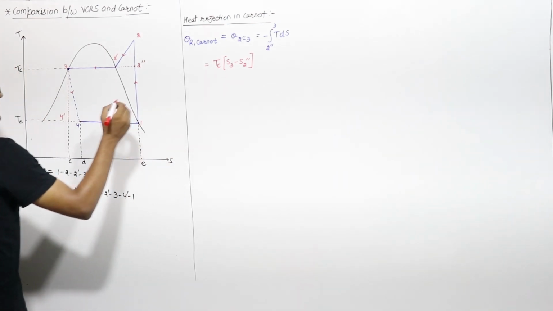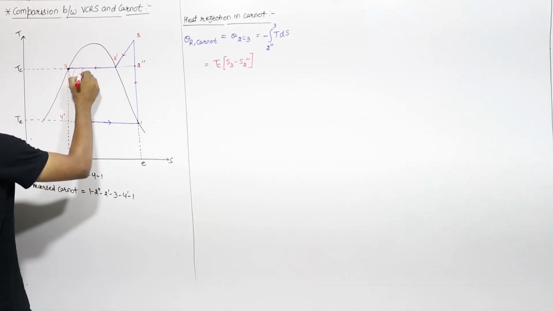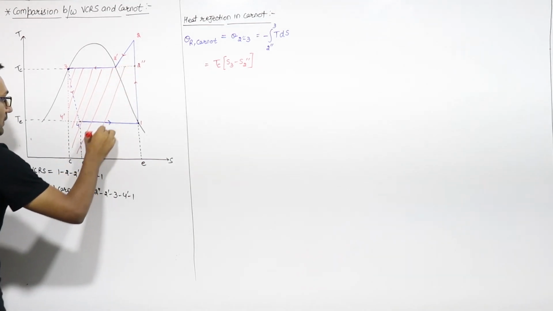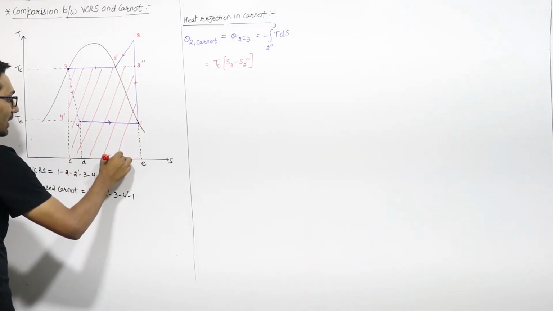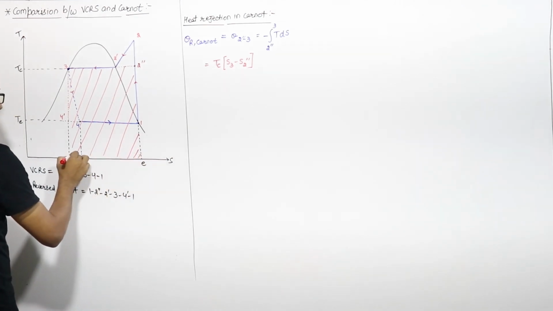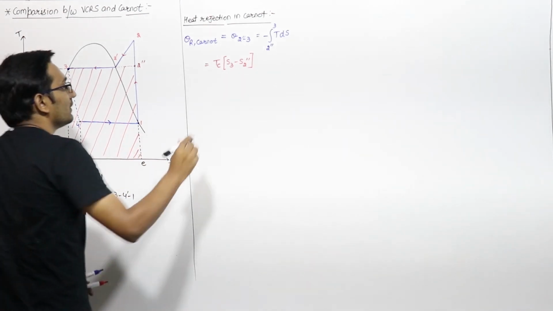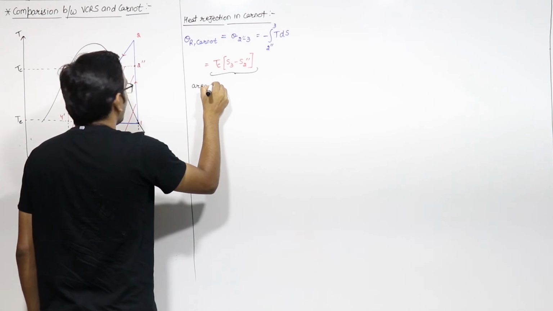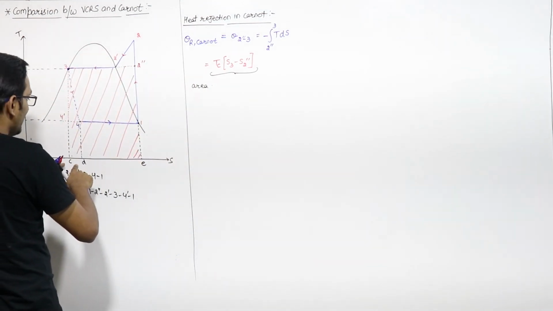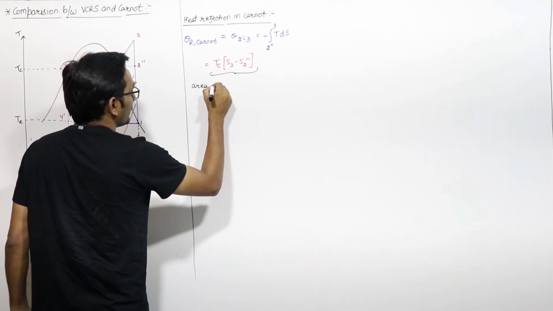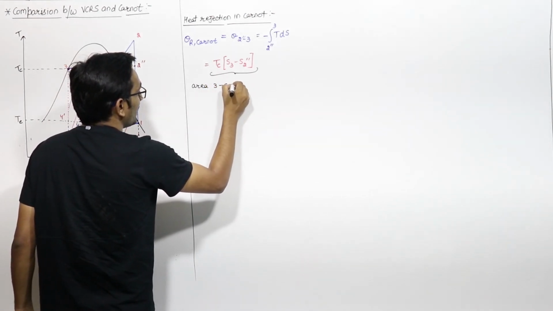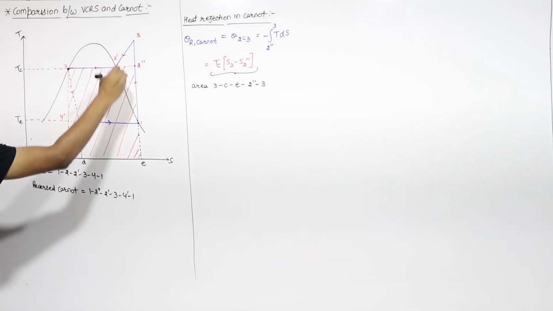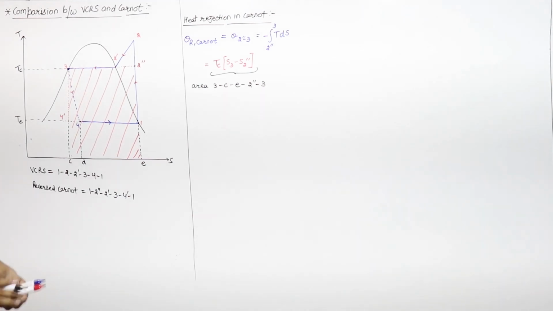So this shaded area is the heat rejection in the reversed Carnot cycle, which is the area 3 C E 2 double dash 3.